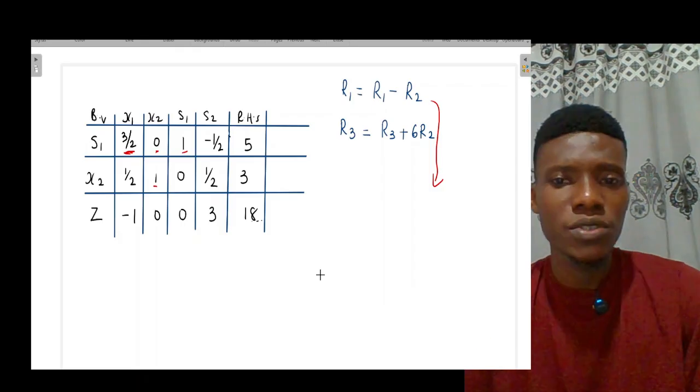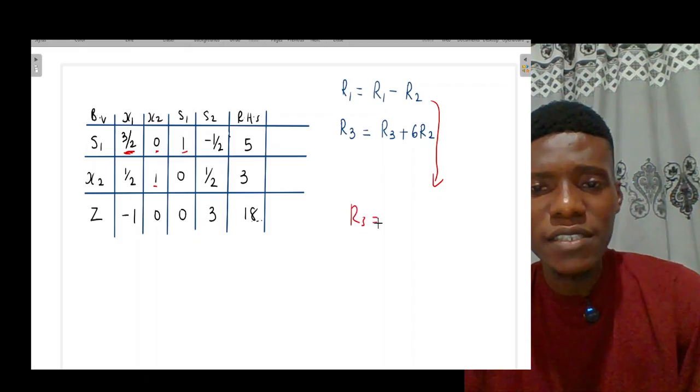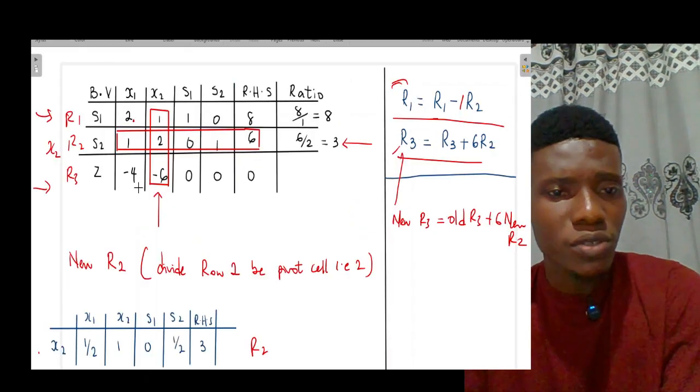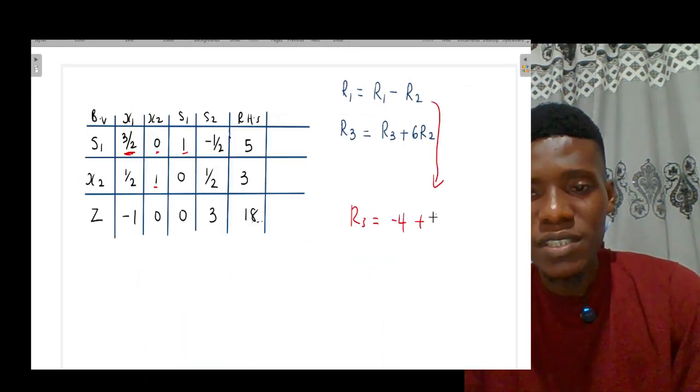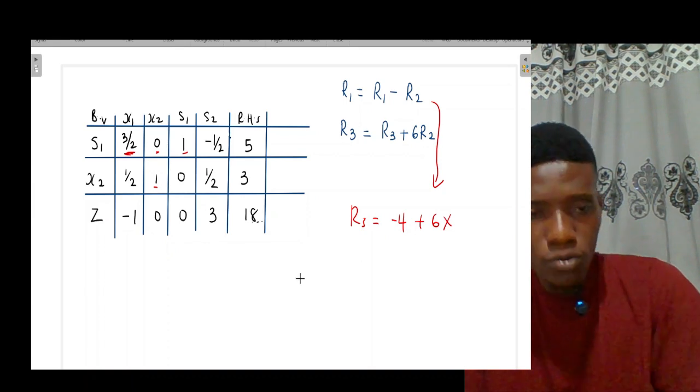To get the new row 3, this is the formula. So you say the new row 3 now is equal to the old row 3. What is the old row 3? Minus 4. Then you say minus 4 plus 6 times the new row 2.